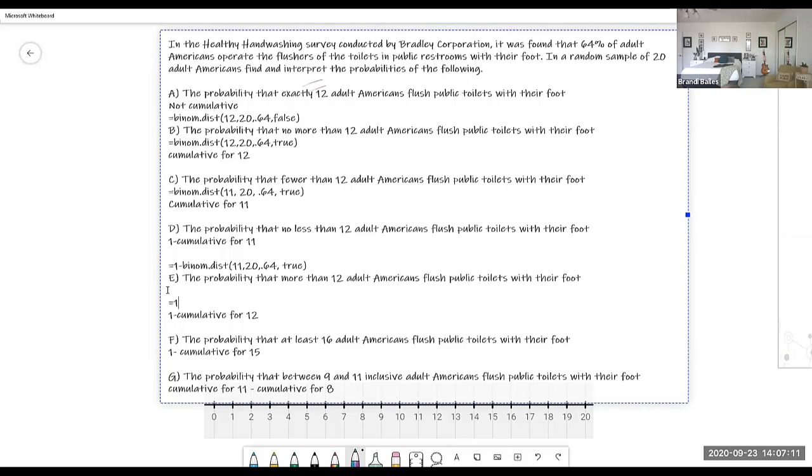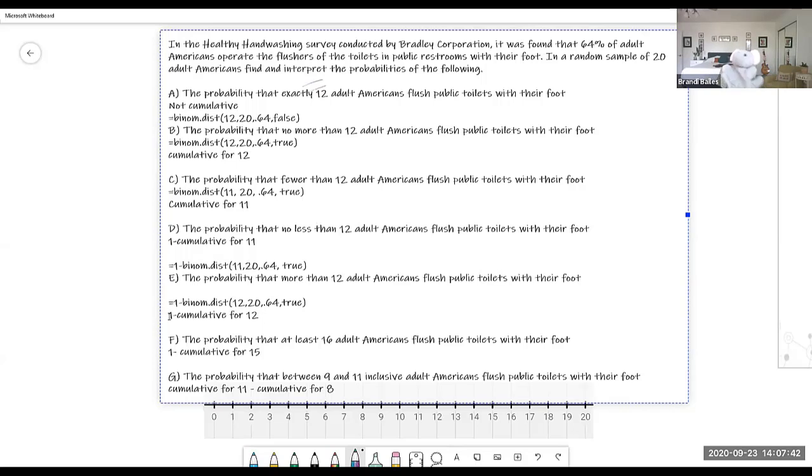Equals 1 minus binom.dist of 12, 20, 0.64, and true. So this will take away from 1 everything that we don't want involved on that left-hand side.